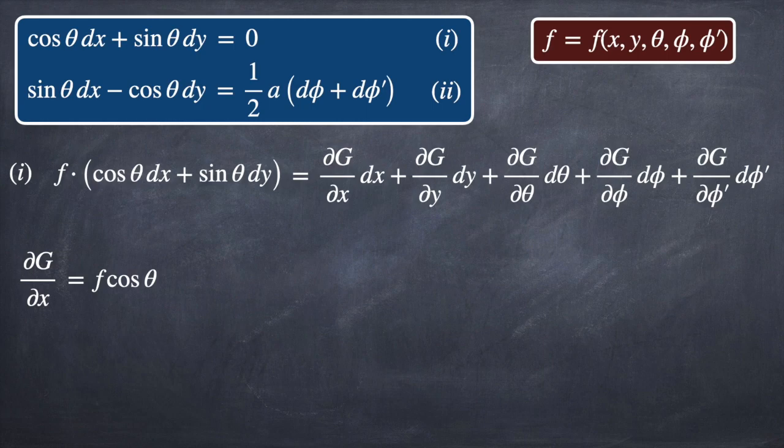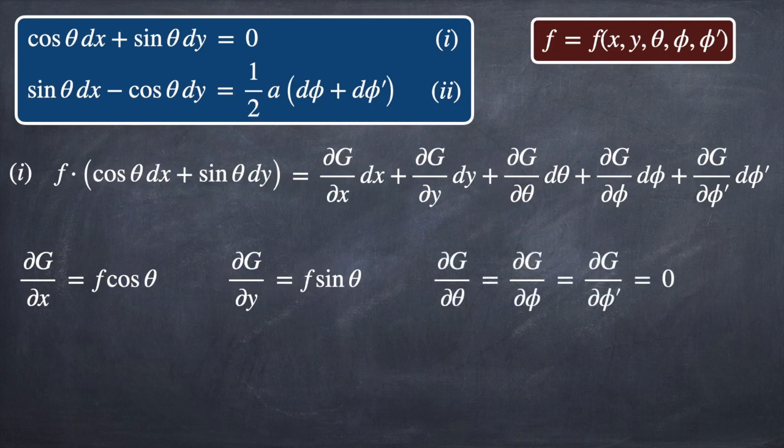So del g del x is equal to f cosine of theta, and del g del y is f sine of theta, and del g del theta, del g del phi, and del g del phi prime, they are all equal to 0.